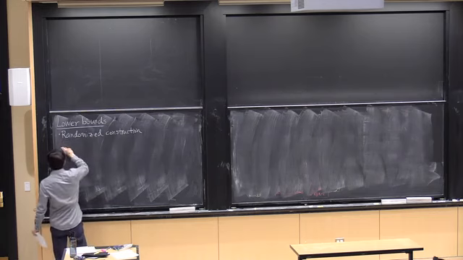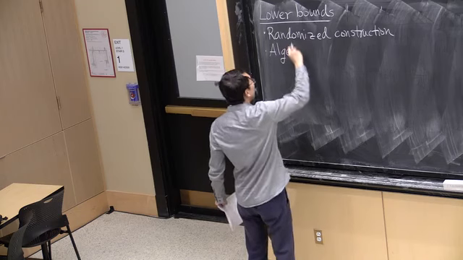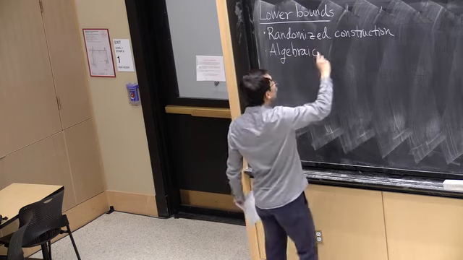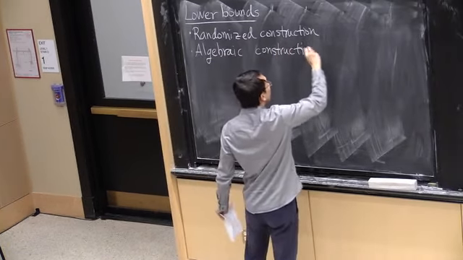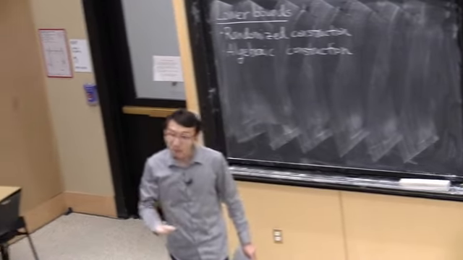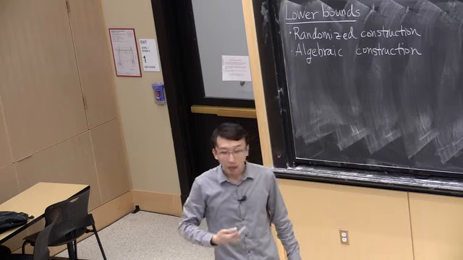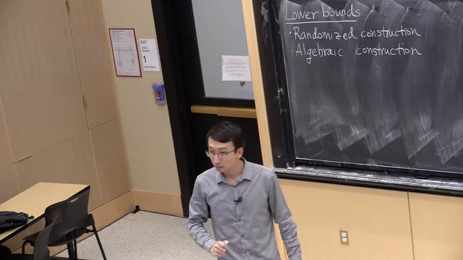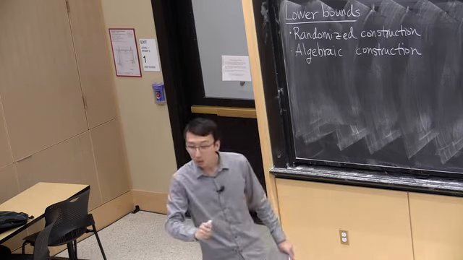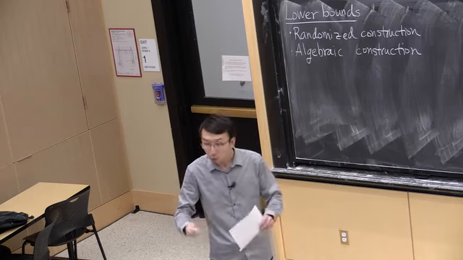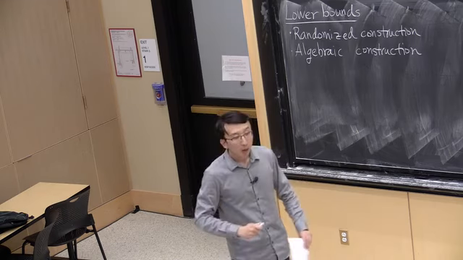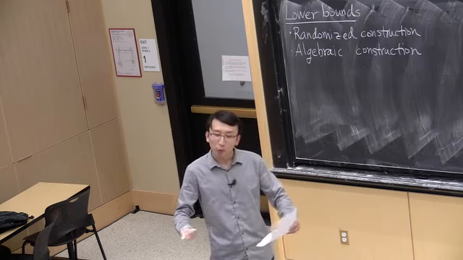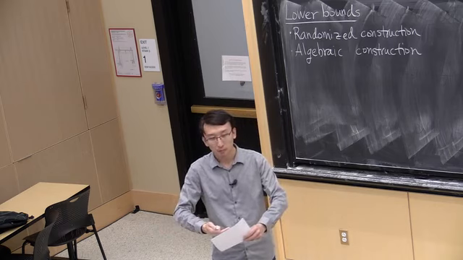And another class of constructions that are algebraic. All the sharp examples come from algebraic constructions. There we're able to use some nice ideas from algebra, from algebraic geometry to get tight constructions. And you could wonder, is there some way to combine the best of both worlds?